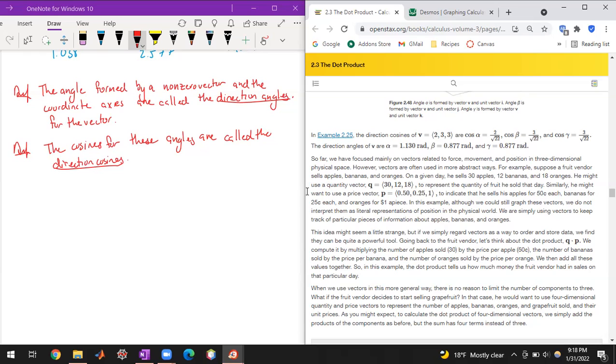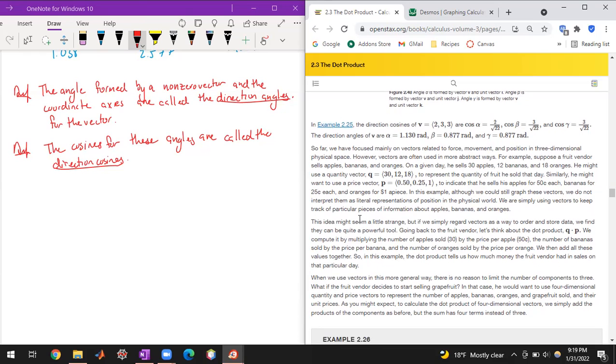He might use a quantity vector, Q, which is equal to the vector with components 30, 12, and 18, to represent the quantity of fruit he sold that day. Similarly, you might want to use a price vector, P, which has components 0.5, 0.25, and 1, to indicate that he sells his apples for 50 cents each, bananas for 25 cents each, and oranges for $1 apiece.